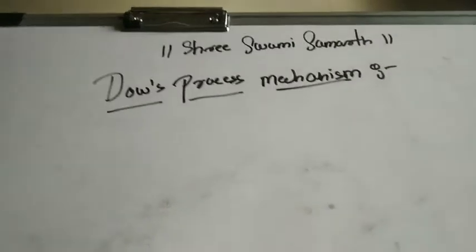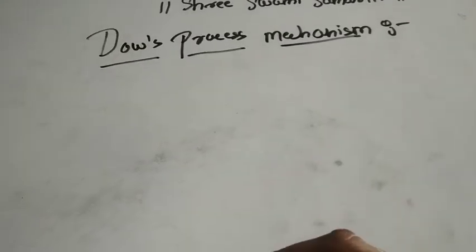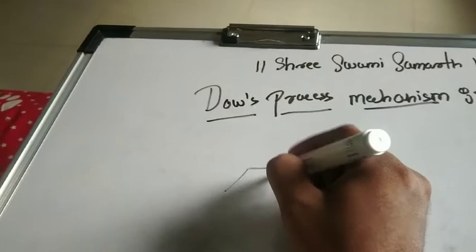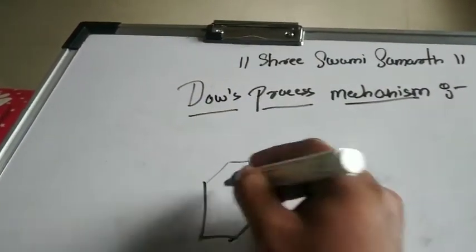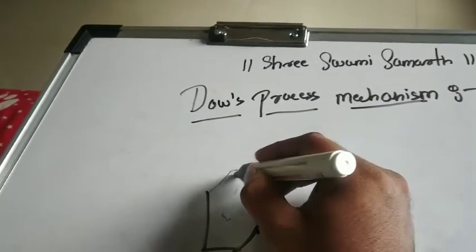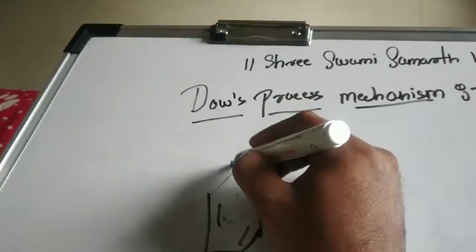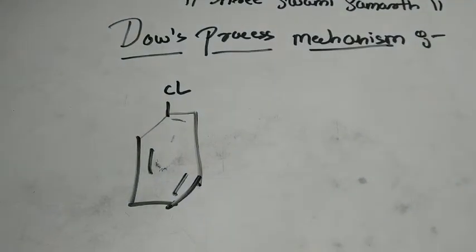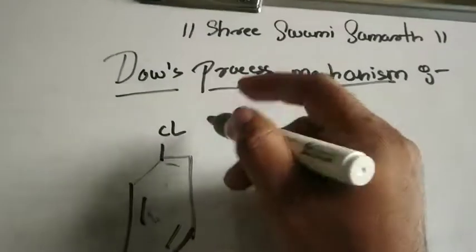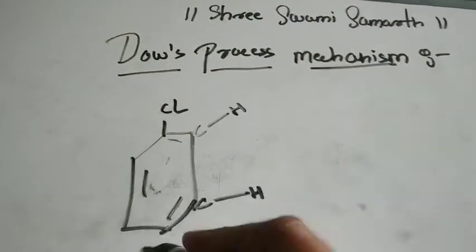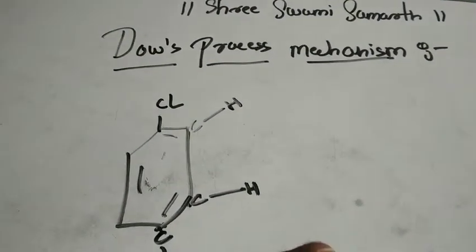So we know that chlorobenzene is converted into phenol, but how is it converted? See, this is chlorobenzene. I will put the bonds. This is chlorobenzene, right? So in this particular chlorobenzene you can see there is a hydrogen atom attached to each carbon.